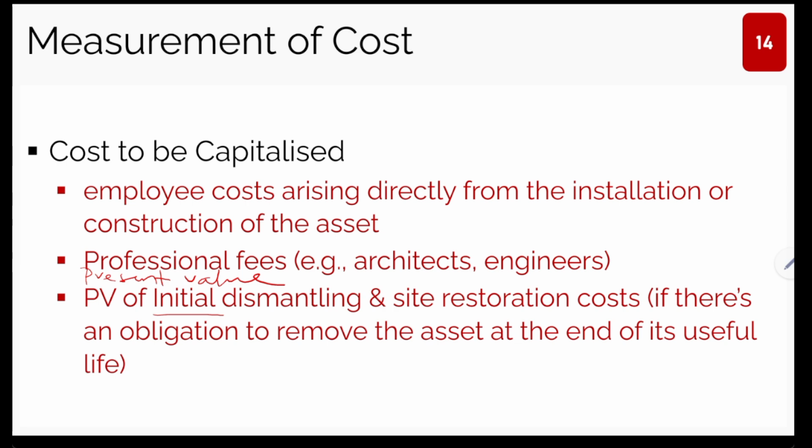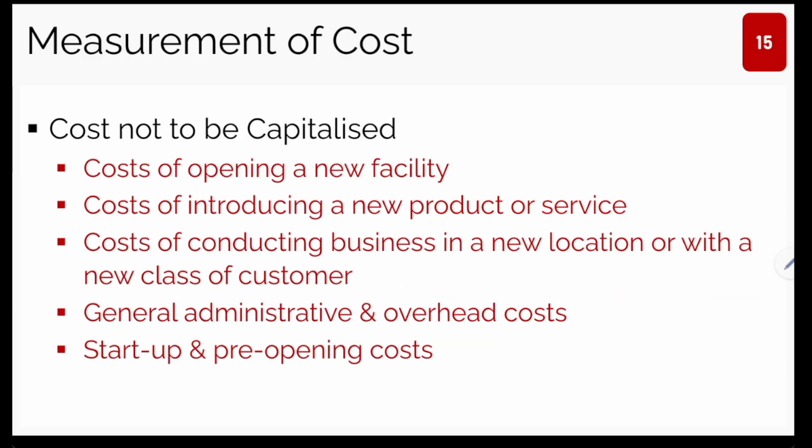They had to make room for that transformer by digging the ground and all of that just to make sure that place is good. So the moment you want to remove the transformer, you might need to restore that back to the original state. That cost is a future cost, but that's why we're looking for the present value of that cost, which will be part of the cost of the asset.